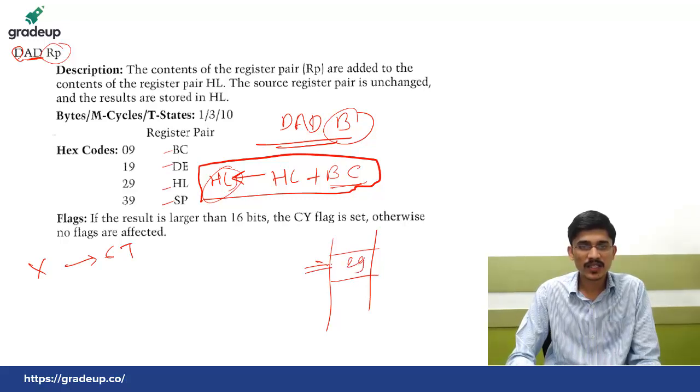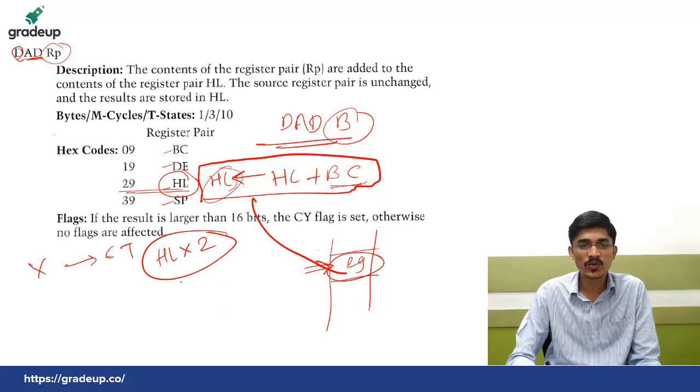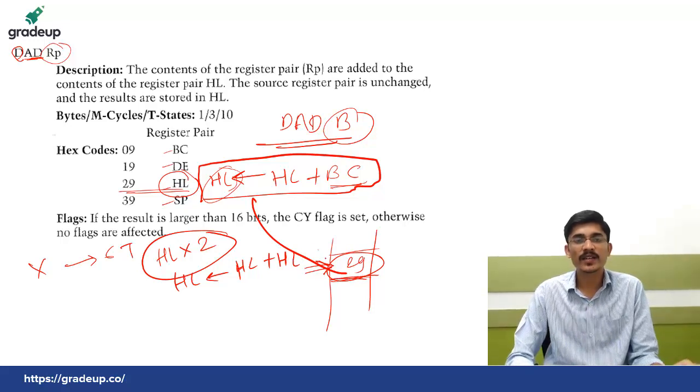When the microprocessor reaches here, it understands that 29 means add the contents of the HL pair to the HL pair itself. The contents of HL pair will basically be multiplied by 2, because it is HL plus HL. This is done by 29.